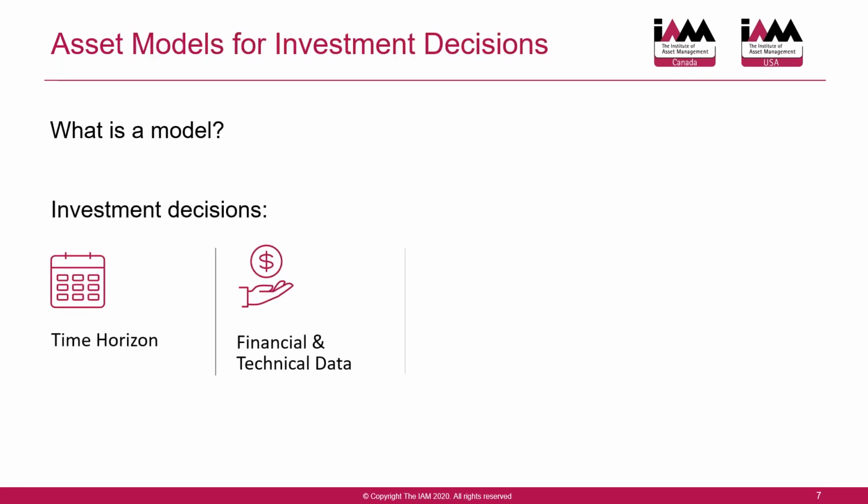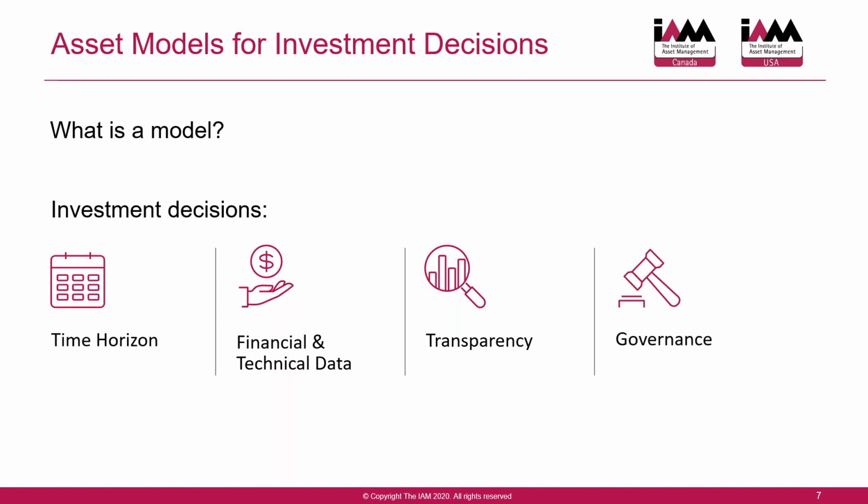So there are all kinds of asset models, and there's no way we're going to cover all of those in an hour or even a week. So I'm focusing on models that are relevant to investment decisions. The attributes of those models are, first, the time horizon. I'm going to talk about models that work in months and years.